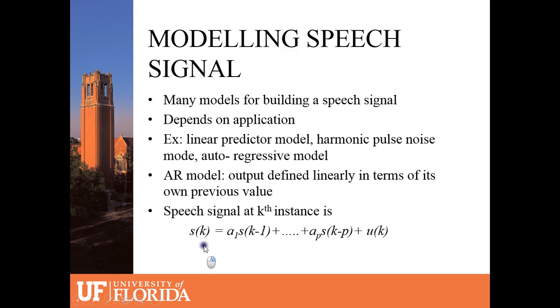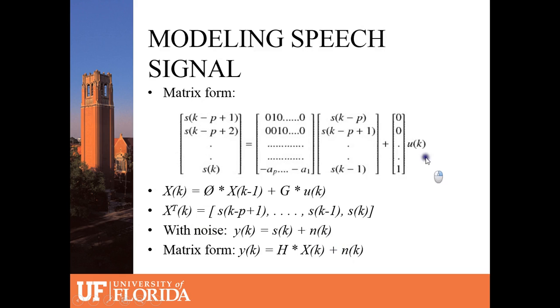So what the autoregressive model does is that the output is defined linearly in terms of its own previous values. Say we have a speech signal s of k. To define the speech signal s of k at the kth instant, it can be defined as the equation shown here, and that equation can be written in matrix form as shown in this equation here.